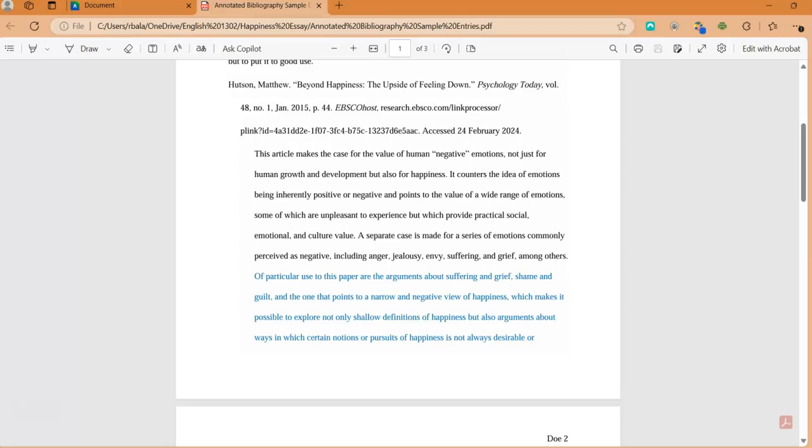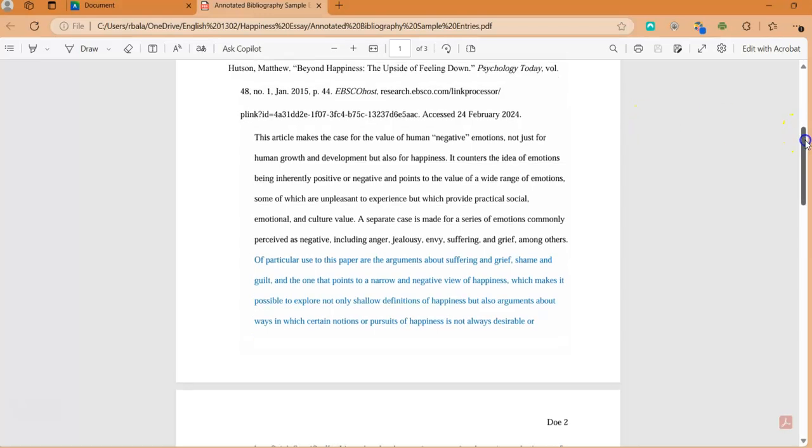It counters the idea of emotions being inherently positive or negative and points to the value of a wide range of emotions, some of which are unpleasant to experience, but which provide practical, social, emotional, and cultural value. A separate case is made for each of a series of emotions commonly perceived as negative, including anger, jealousy, envy, suffering, and grief, among others. All right, so that's kind of the upshot of it. I'm explaining not only is it about the value of human negative emotion, but what that relationship is to happiness.